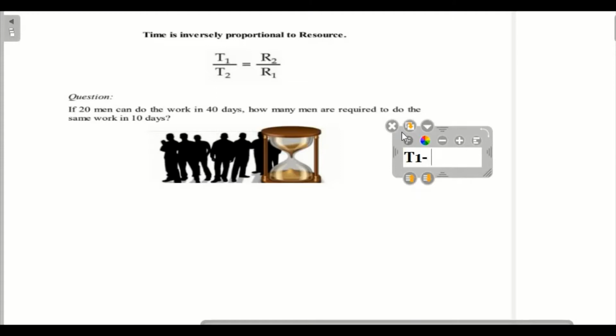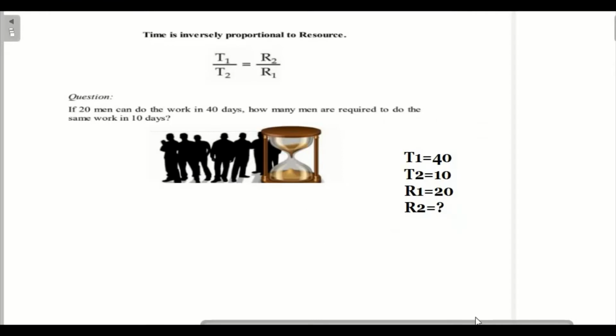So T1 equal to 40 days, T2 equal to 10 days. Then they have given the number of men, that is R1 equal to 20 men, and we have to find the number of men for the second work. So we have to find R2.